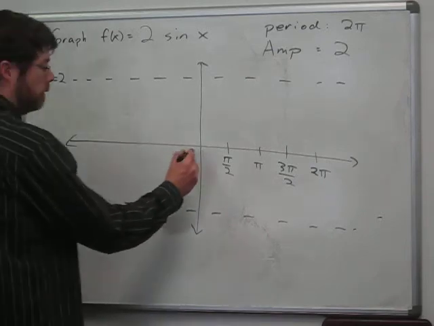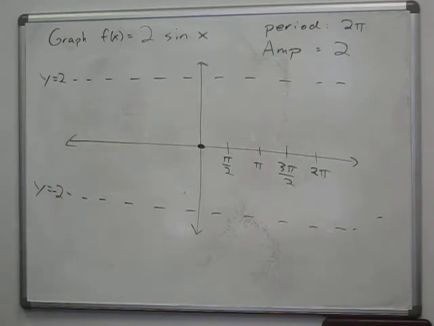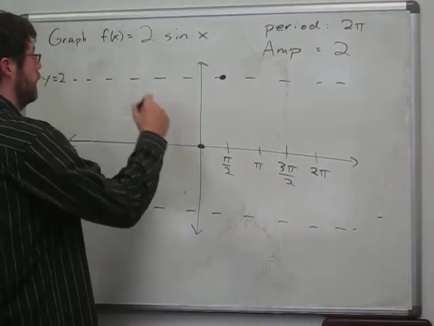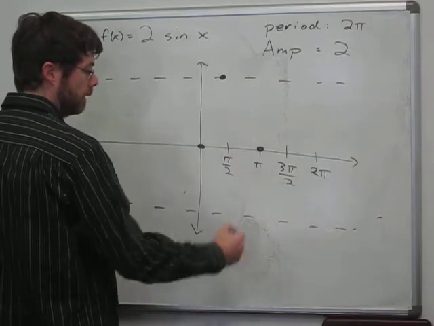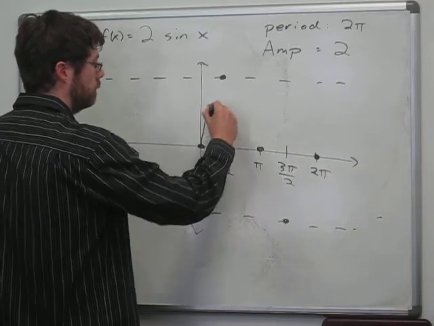So now, when we put in 0 for x, we still get 0, but at pi over 2, I jump up all the way to 2, then back down to 0, down to negative 2, back up to 0.